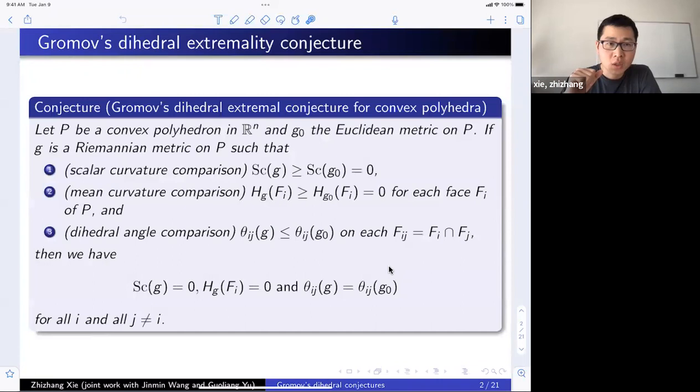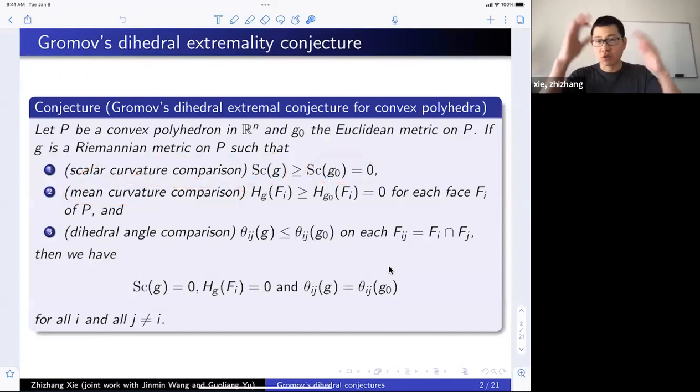And then the conjecture of Gromov is about, suppose you have another metric on the same space, such that you will have three comparisons. First is the scalar curvature comparison, that the scalar curvature of the new metric is greater than or equal to the scalar curvature of the flat one, which is 0. And then you have the mean curvature comparison.